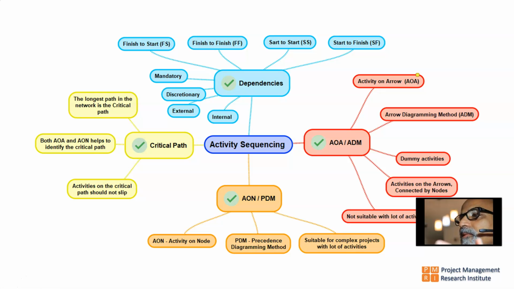Both the diagramming methods will give us the critical path, and the duration of the critical path will be the same irrespective of whether we are following activity on arrow or activity on node. So the longest path in the network is the critical path. Both AOA and AON help us to identify the critical path. Activities on the critical path should not slip, because if they slip, the project will slip.